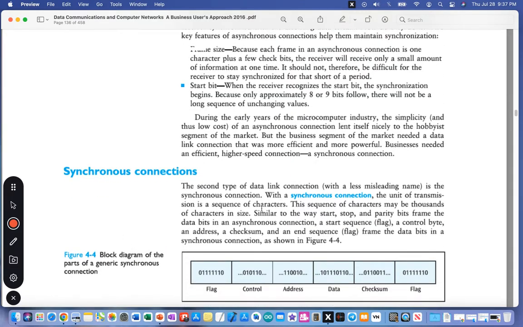Then we have the synchronous connection. The unit of transmission is a sequence of characters. This sequence of characters may be thousands of characters inside.